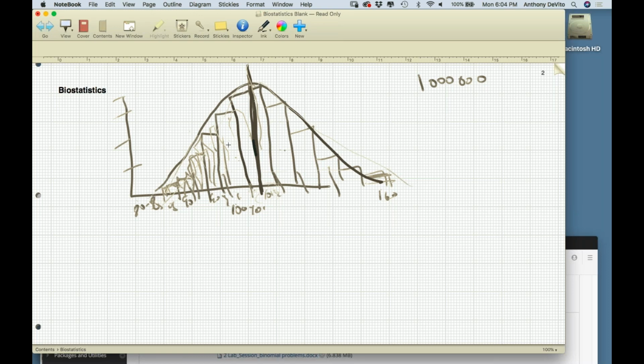So the mean and the median are the same. Also, they are symmetrical. In other words, they have a mirror image shape on both sides of the mean. Okay, that's what we would call a normal distribution.